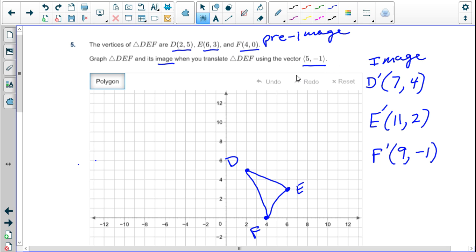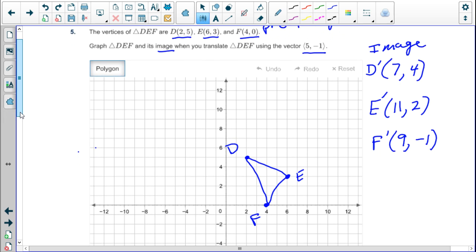Okay, now I'm going to plot my image with a different color so that you can at least see the difference whenever you're looking at yours. So again, we're going right 5 and down 1 to get these points. D prime is at 7, positive 4.